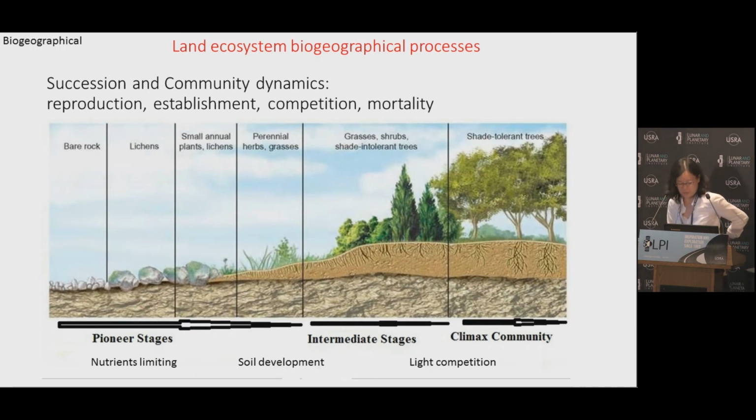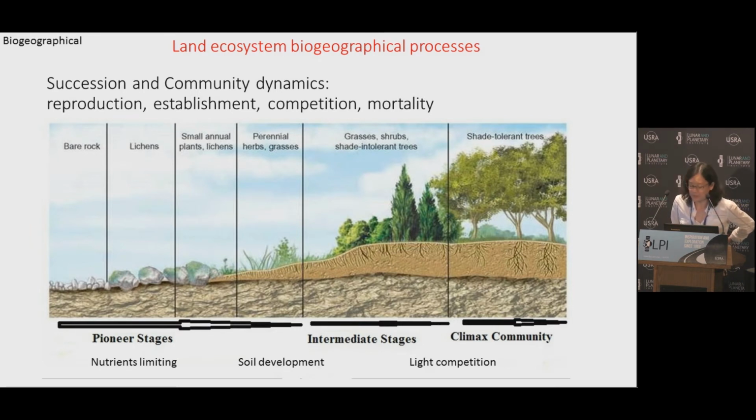Here's something you could get from your elementary school class: the basic process of succession and community dynamics, where you have the pioneer stages of, say, weeds colonizing bare rock with poor nutrients, and they gradually bring in fixed nitrogen and develop the soil, and then woody plants can start to live there, and then the shade tolerant plants gradually grow up taller and outshade the earlier successional plants. That's the textbook stages of succession.